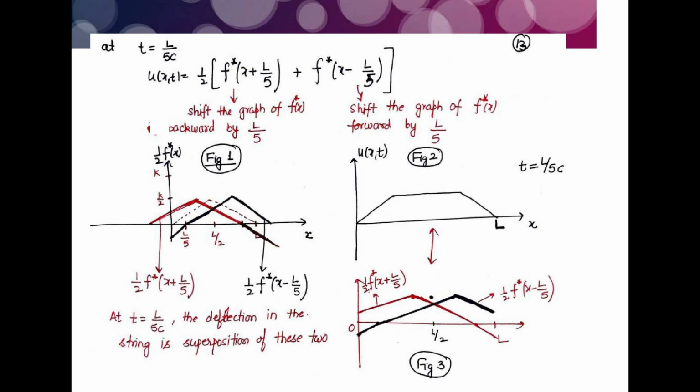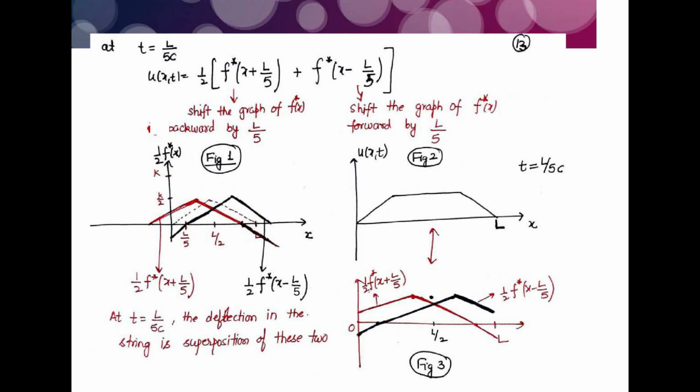So in figure 1, I am drawing the graph of f star x and these two functions by shifting forward and backward. In figure 1, the dotted triangular shape is the graph of half f star x. Now to find the graph of f star (x plus L by 5), we shift this triangular graph in the backward direction by L by 5 units.